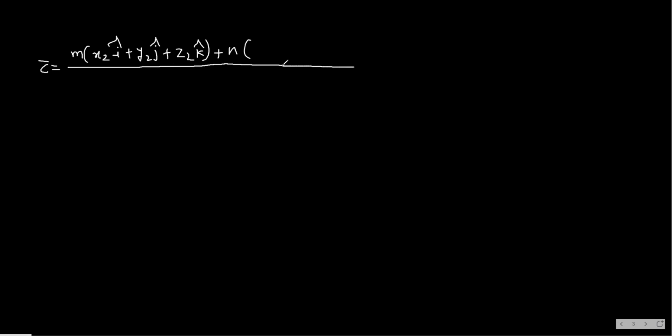It was MB bar plus NA bar. So MB bar, that is M, x2 i cap plus y2 j cap plus z2 k cap, plus NA bar, that is N, x1 i cap plus y1 j cap plus z1 k cap, upon M plus N.